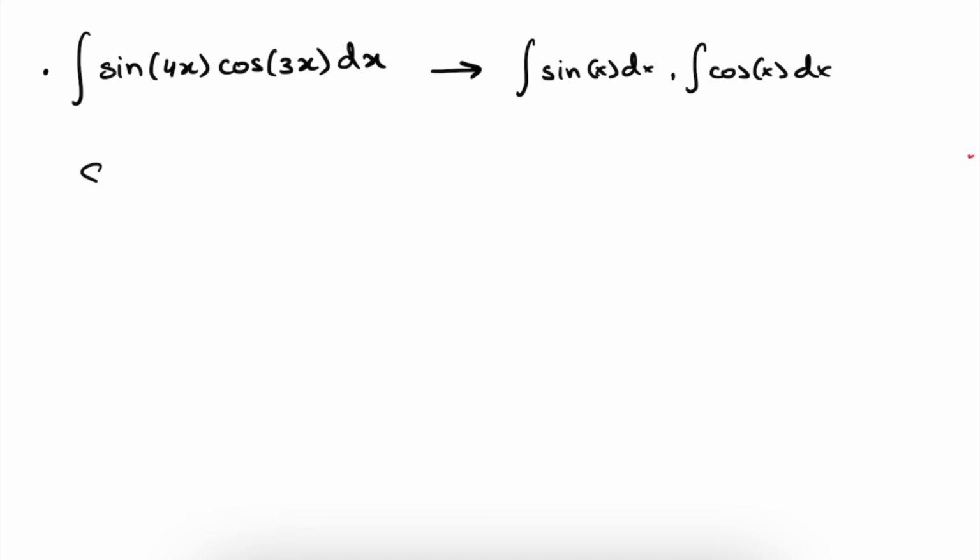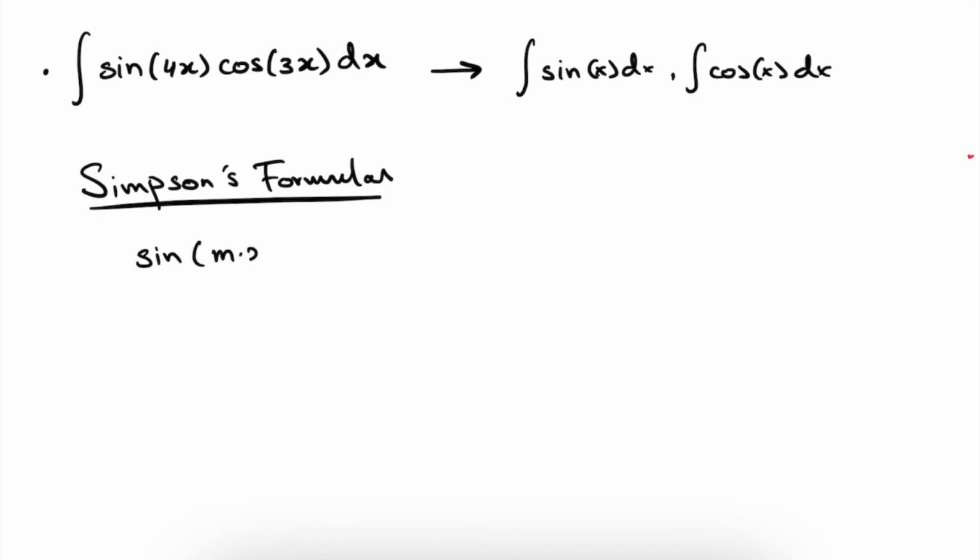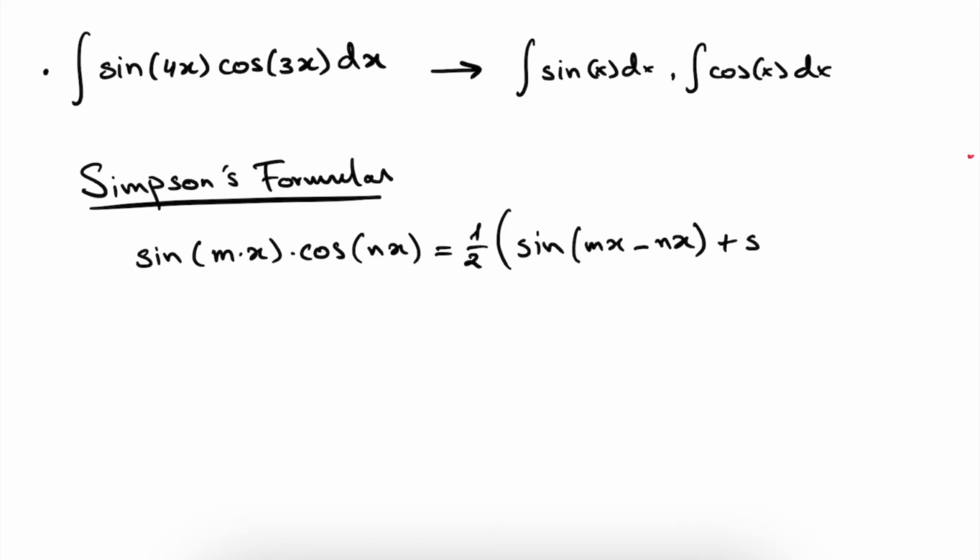And this is exactly what Simpson's formulas do. And in particular, we have this formula that says that the sine of any number times x, in this case m times x, times the cosine of n times x, so the product of a sine and a cosine, is equal to 1/2 times the sine of m times x minus n times x plus the sine of m times x plus n times x.